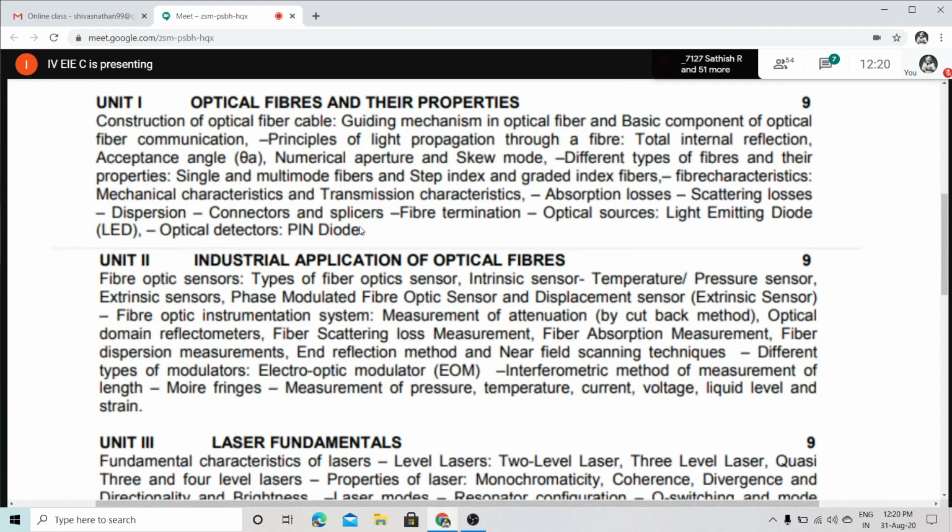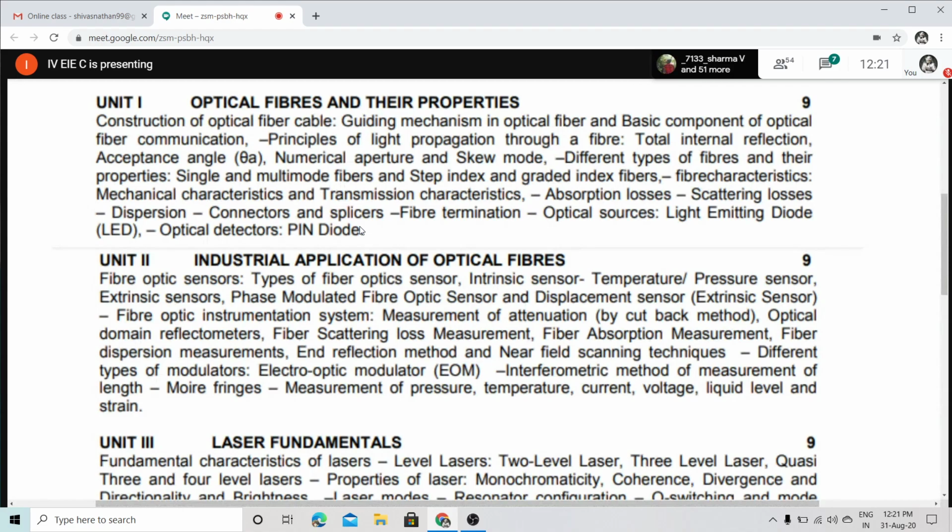Okay, and other process variables just like your intrinsic sensor. In extrinsic sensors, the division is that we are going to discuss phase modulated fiber optic sensor and displacement sensor. They have given it so. All of these are going to come under extrinsic sensor.